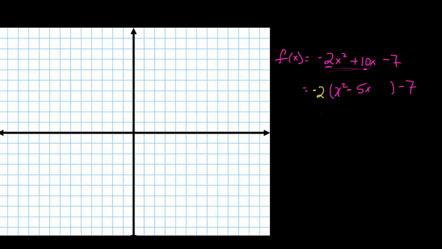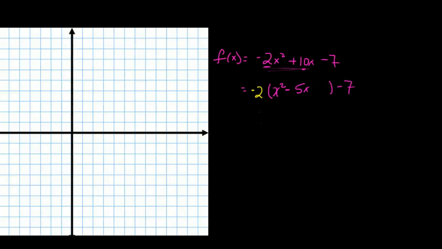Alright, so let's give some space over here so we can play. Now I need to take half of my middle term, which is 5 halves, square it, so that's plus 25 over 4. And now I'm going to multiply that by a negative. So we're adding here, so we would subtract, but a positive times a negative gives me a positive 25 halves.